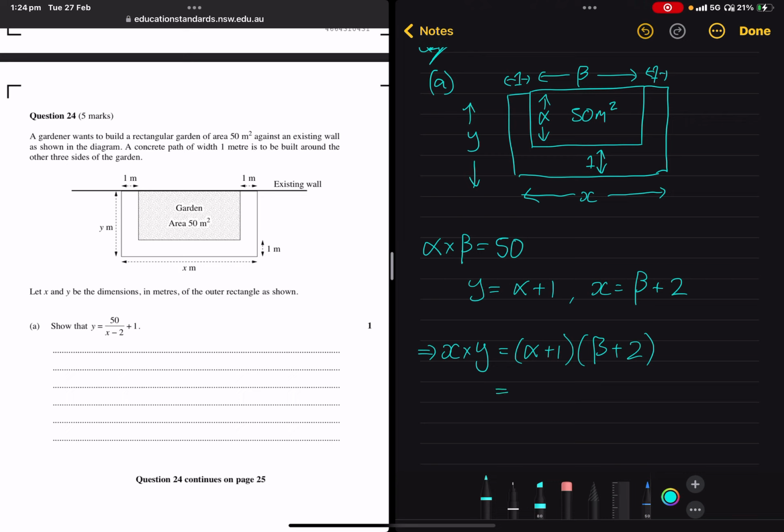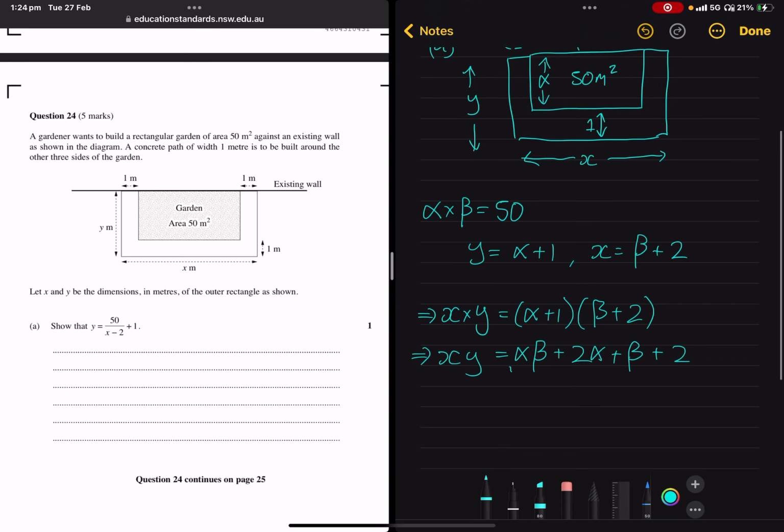If we expand everything on this right side, we get alpha times beta, which is the first one. Then we have plus 2 alpha, then plus beta, then plus 2. This is all equal to x times y. Now, this is not the expression we want, but we're starting to get reasonably close.